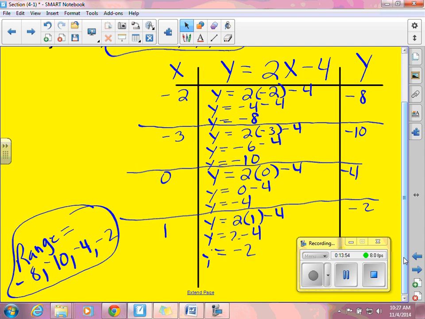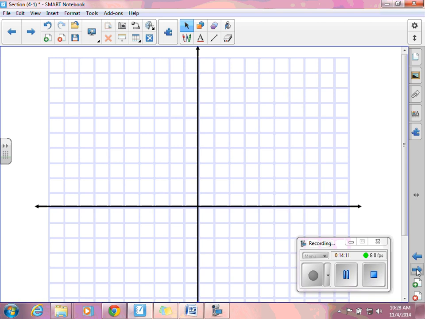So now we're going to go to the next slide and we're going to graph. All right? So my first value was what? -2, -8. So I got -2, -8.